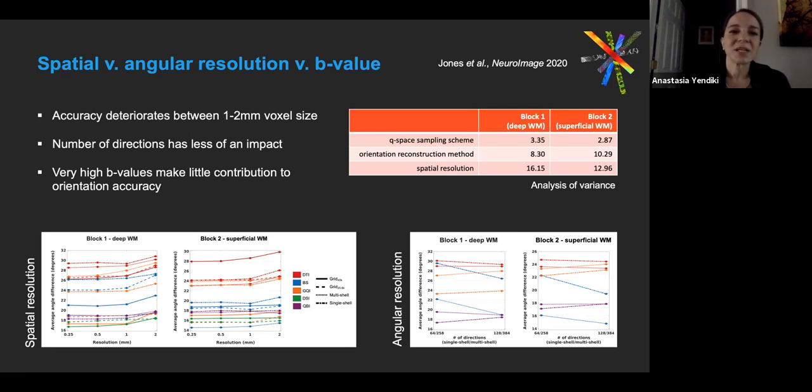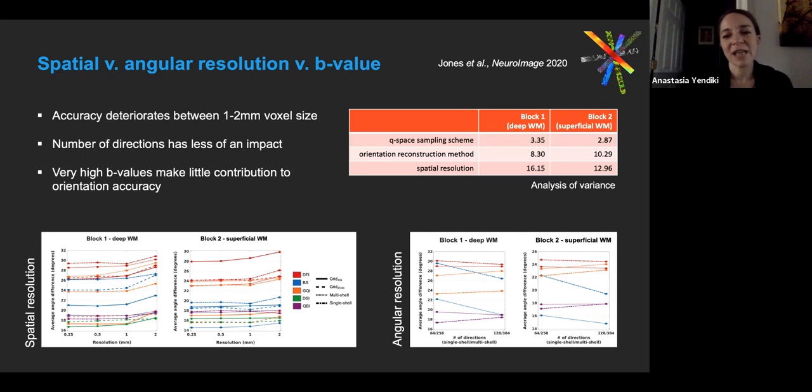This is good because it tells us that if we can get down to 1 millimeter with newer acquisition methods, then we can get as good as we can get with these methods in terms of the spatial resolution.